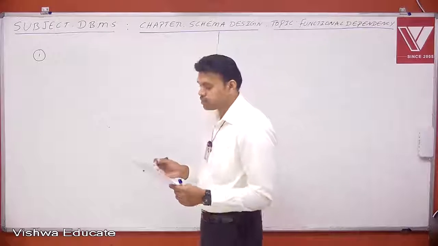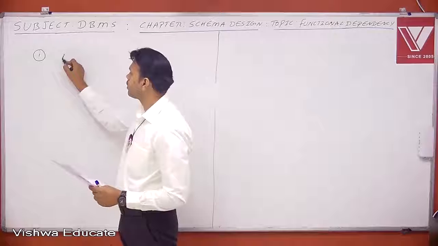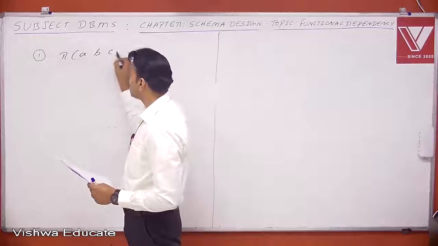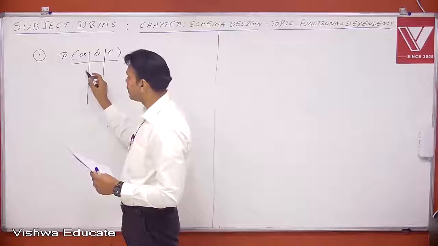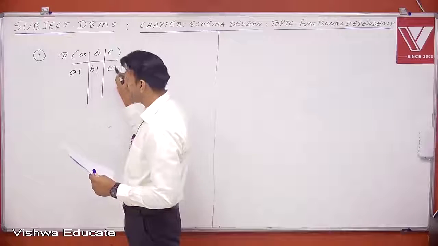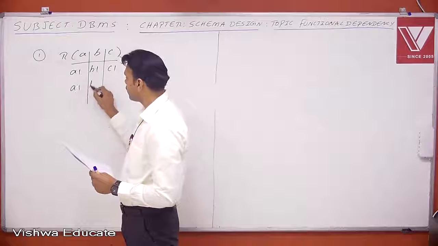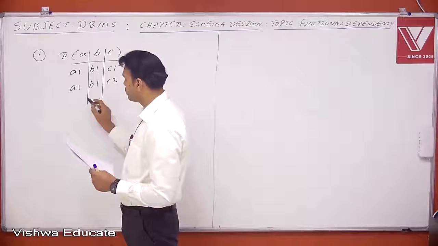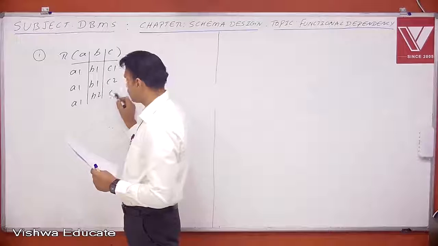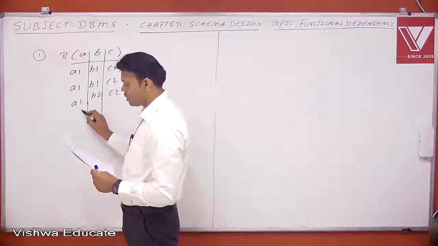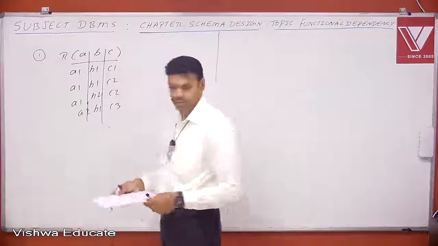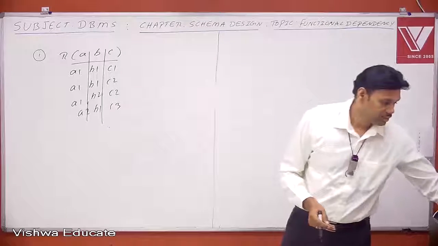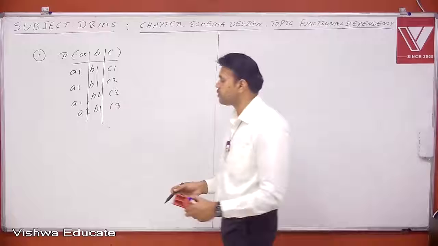So let me do it here. R is given with ABC and some data is present over here: A1, B1, C1; A1, B1, C2; A1, B2, C2; and A2, B1, C3. So this is the information we got.